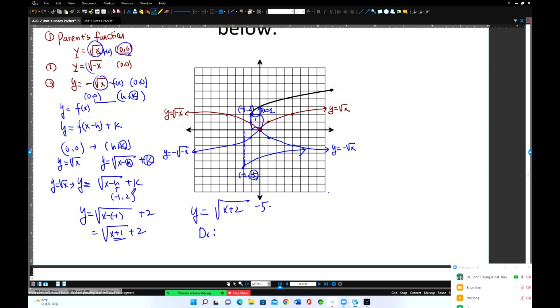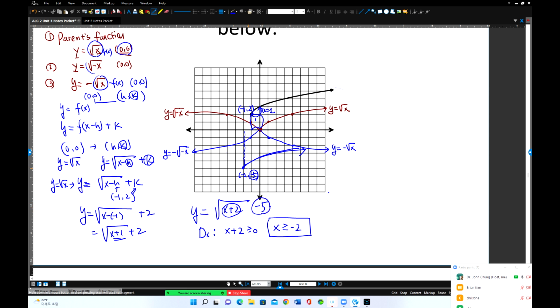The domain can be obtained from inside the radical. The number inside the radical cannot be negative, always positive. From here we can find the domain. So x is always greater than or equal to negative 2. That's the domain. The graph will start from negative 2 over here. And this number is the range, the value of y.